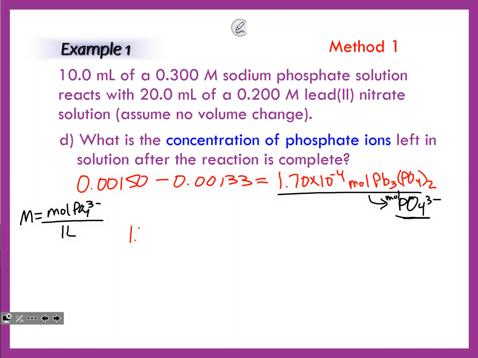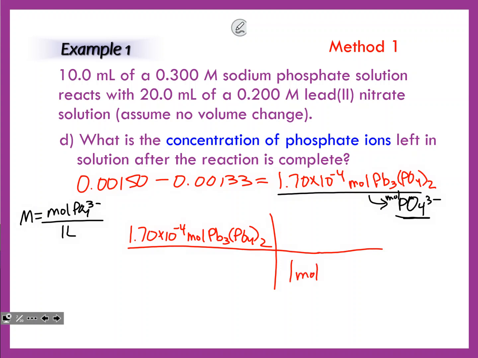So we have 1.70 times 10 to the minus 4 moles Pb3(PO4)2. So 1 mole of this gives us how many moles of phosphate? 2 moles of our phosphate.